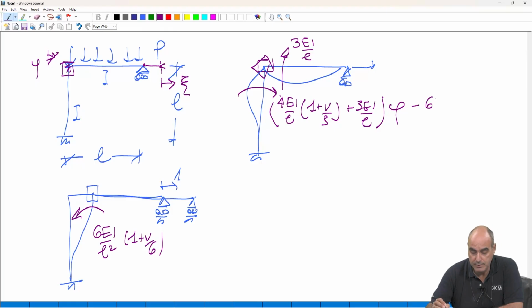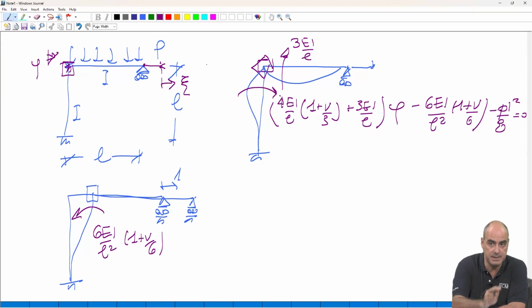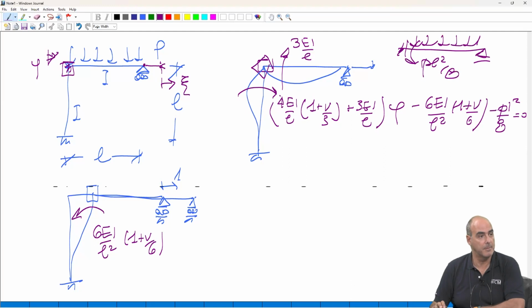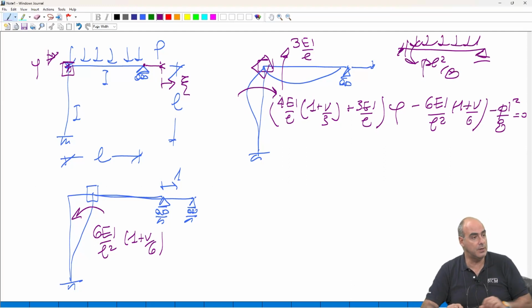So it's minus 6EJ over L squared (1 plus n over 6) minus PL squared by 8 equal to 0, because in this case the beam is fixed, supported. So for gravity loads, the moment here is PL squared by 8. So this is the equation.